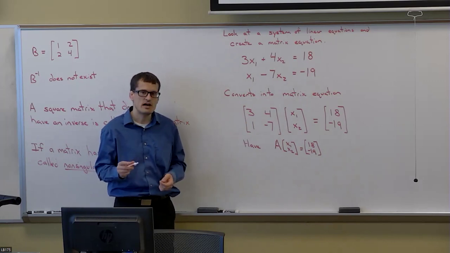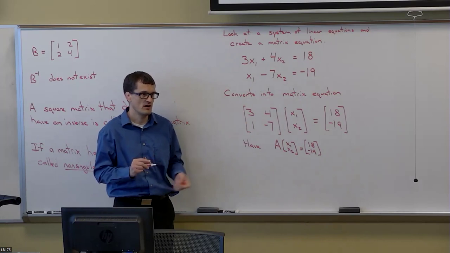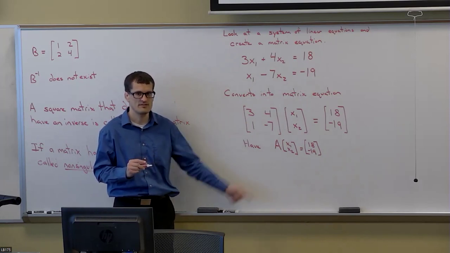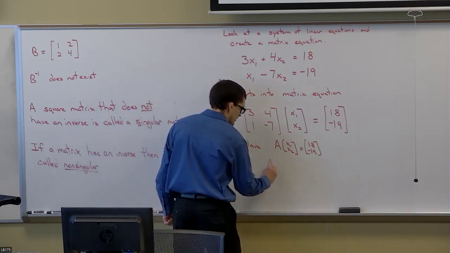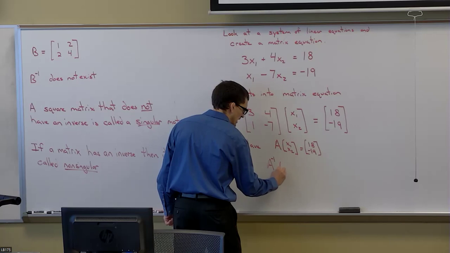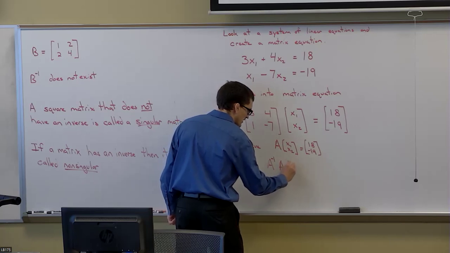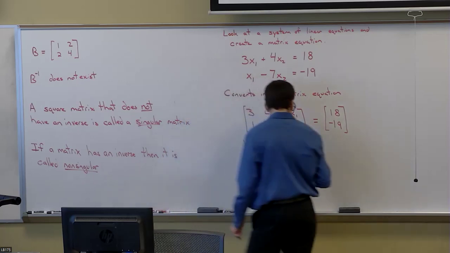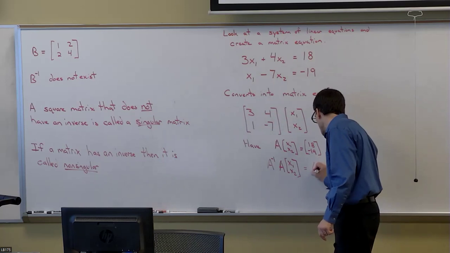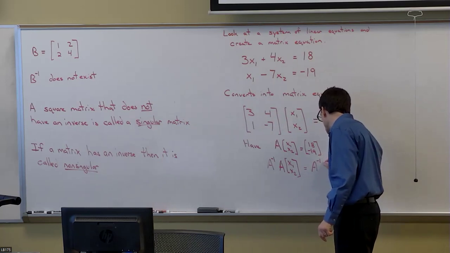What if I multiply the inverse of A on both the left and the right-hand side? I take A inverse and multiply it on the left-hand side, and then I take A inverse and multiply it on the right-hand side.